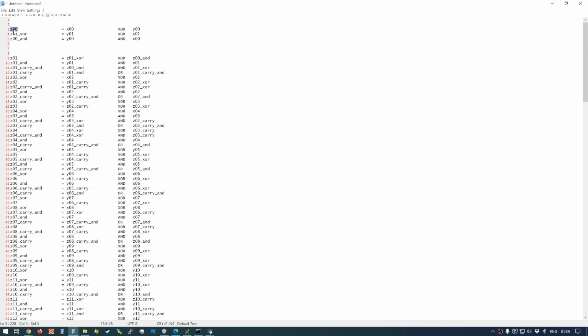So for the first bit that we're computing, it's very simple. We don't actually have a carry bit to deal with. So if we have either one or the other, then that bit's going to be on. If we've got both on or both off, then this needs to be off because 1 plus 1 is 2, there's a 0 in the 0th position. 0 plus 0, also 0 in the 0th position. But 1 plus 0 or 0 plus 1, then this should be on.